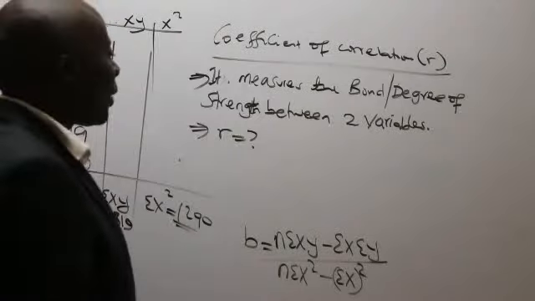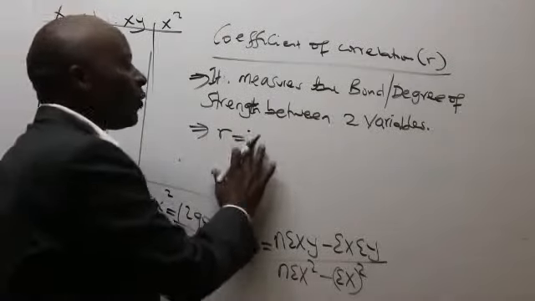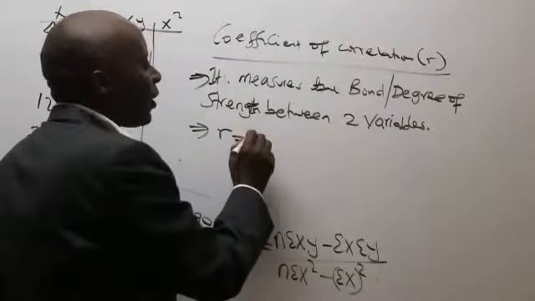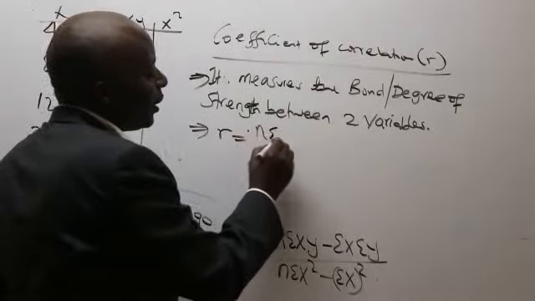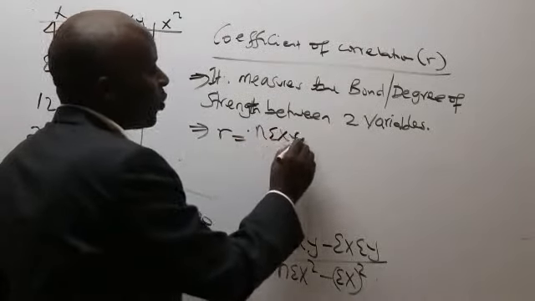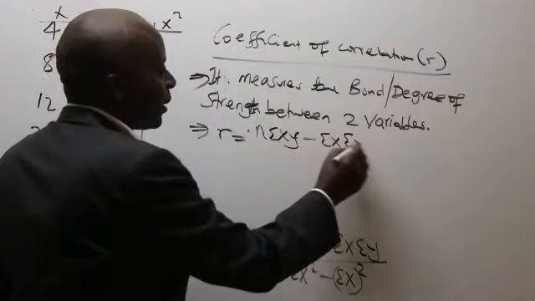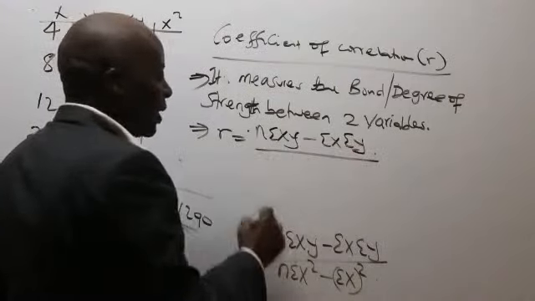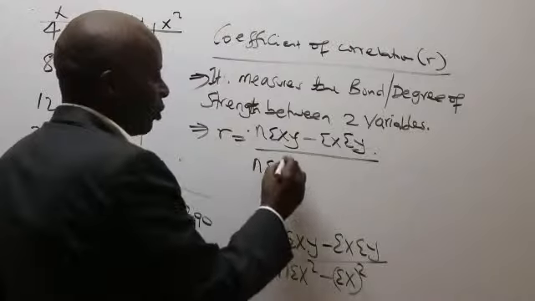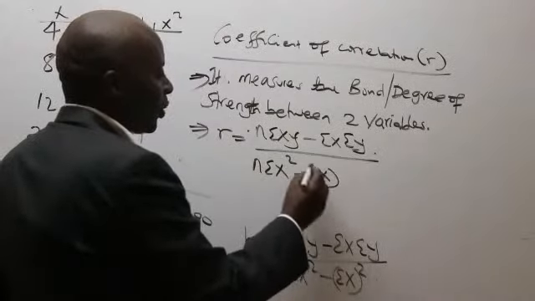If you tell me now to write the formula of the correlation coefficient, I know that the numerators are normally the same: n summation of xy minus summation of x, summation of y. The denominator will also be the same: n summation of x squared minus summation of x squared.